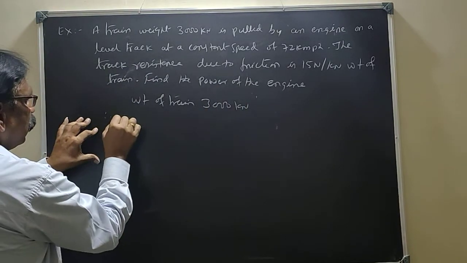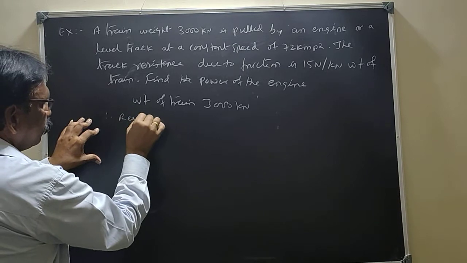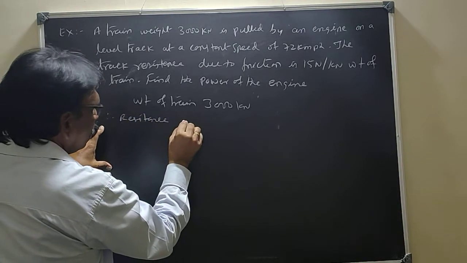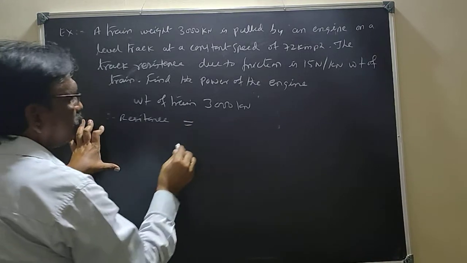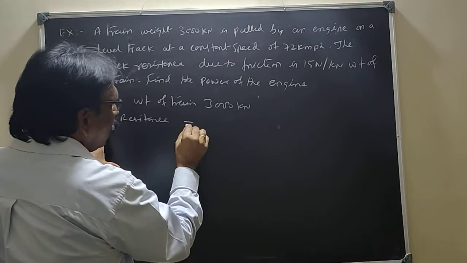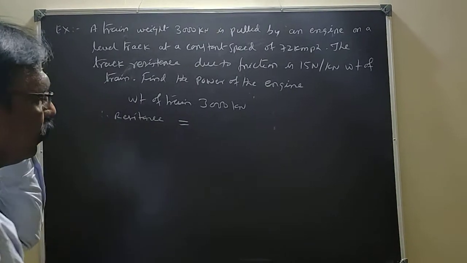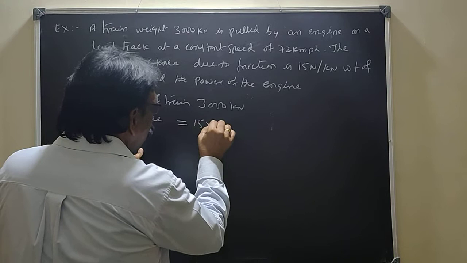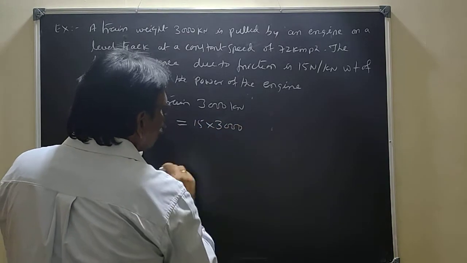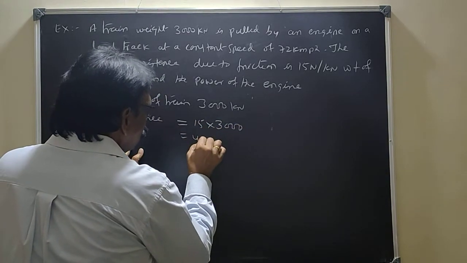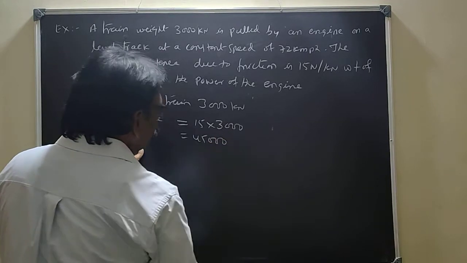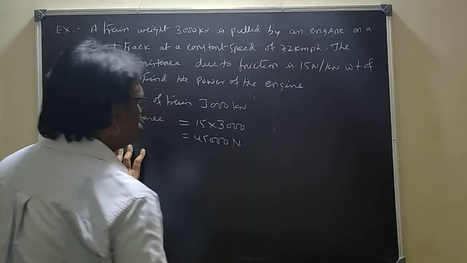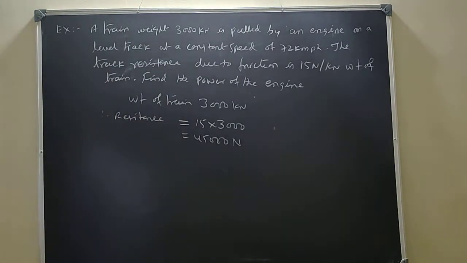So therefore the resistance due to friction: for every kilonewton weight of the train it is 15 Newton, so 15 into 3000, that is equal to 45,000 Newton. So much is the resistance which is going to be developed.